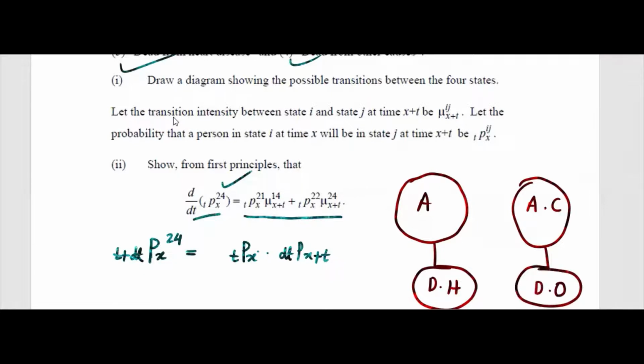Okay, this is possible, this is possible, this is also possible, this is also possible. So two types of deaths are here. If you write 1, 2, 3, 4 here, all are possible. From death we cannot go to this one or this one. All others are possible. From this one we can come to this one, from this one we can come to this one. Now using all these probabilities we will try to derive.